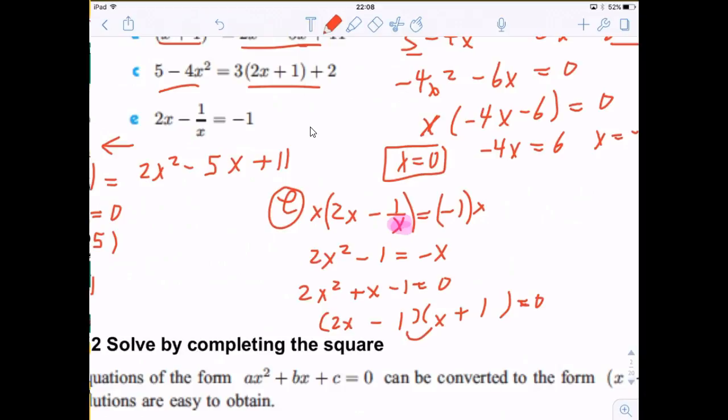Negative 1 times x is negative 1x, 2x times 1 is positive 2x, and I add those together, and I get x, that's the middle term, and that works. So now I'm just going to find the solution. So 2x minus 1 equals 0. The solution to this is 2x equals 1, so x equals 1/2. And the other solution is just x equals negative 1.